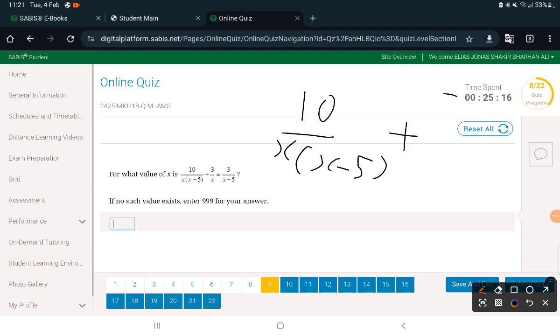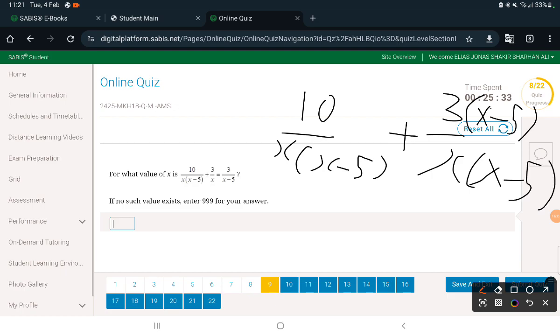Plus 3 over x. We could multiply this fraction by x minus 5. So x minus 5 in the top, x minus 5 in the bottom. Distribute the 3. 3 multiplied by x is 3x. 3 multiplied by negative 5 is negative 15.